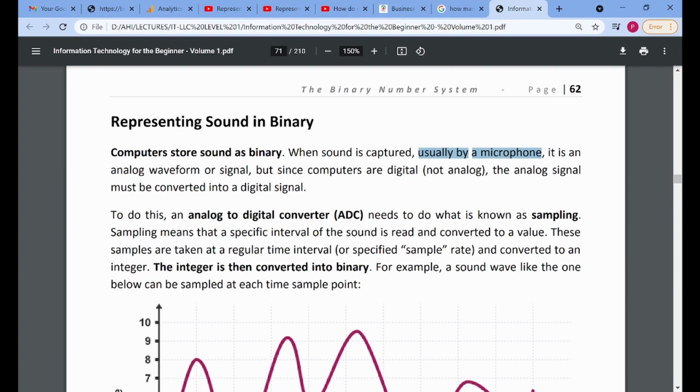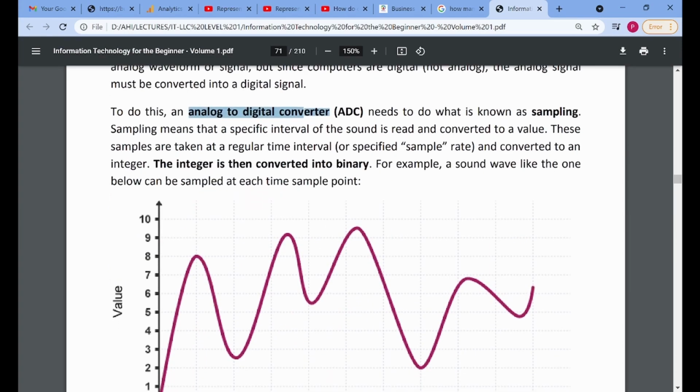And so, inside the computer, there is something called the analog to digital converter. There is a hardware called the ADC, the analog to digital converter. So when I produce sound, my microphone receives the sound as vibrations.